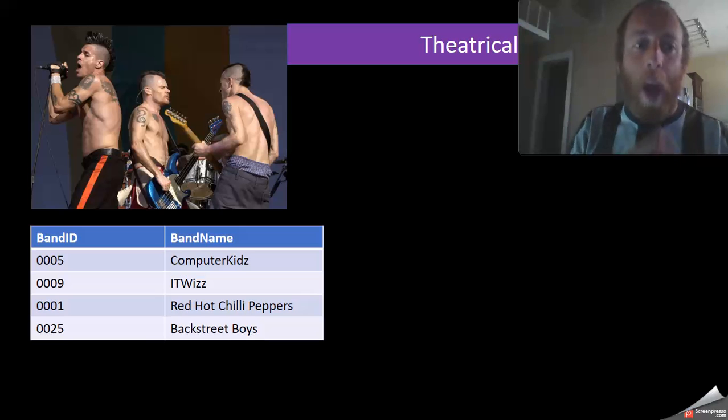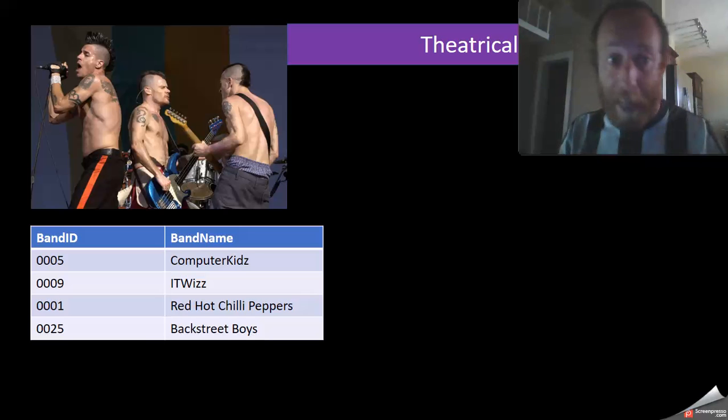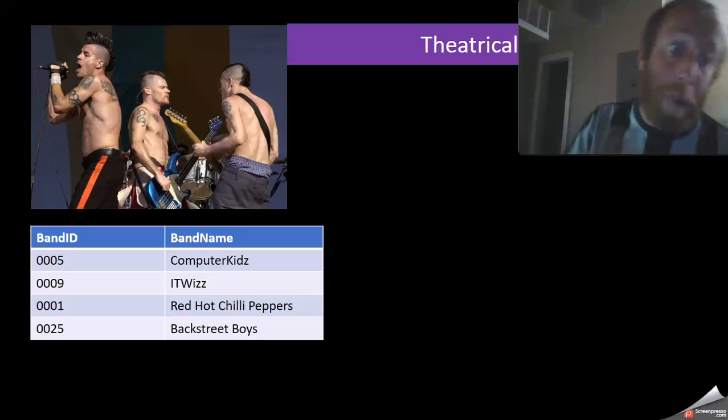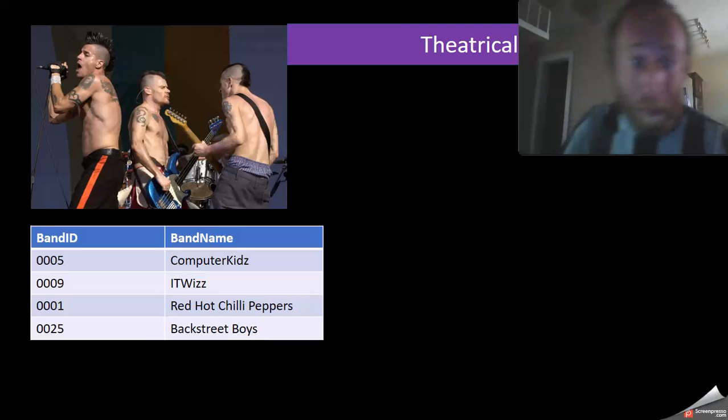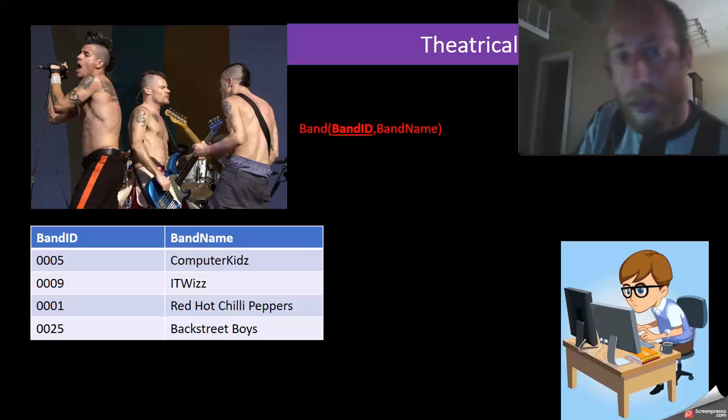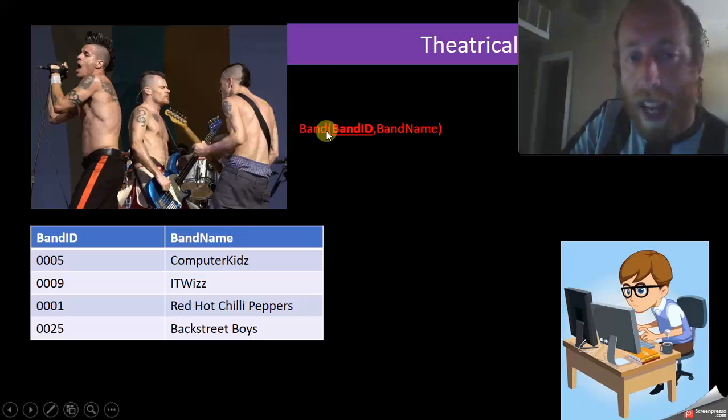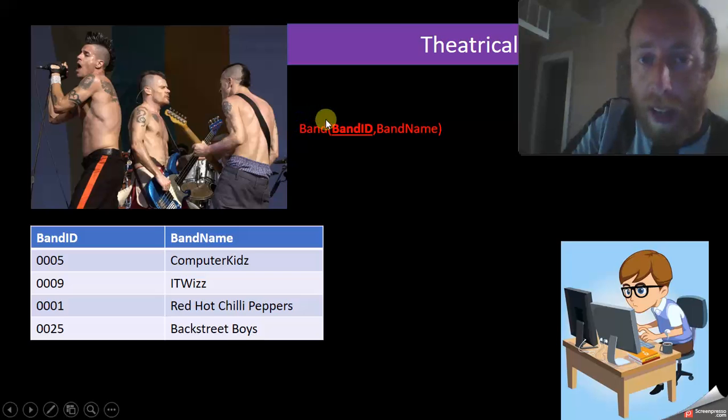So this is our band logical view, our table, where we've got two attributes, band ID and band name. If we want to have a look at this using the text version of it, we've got band ID, band name, and the name of our table is band, open bracket, close bracket. What does the underline mean?